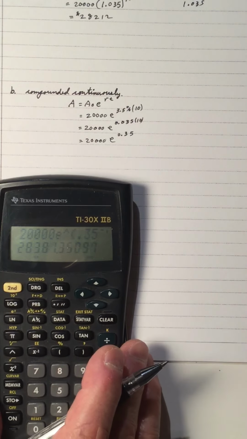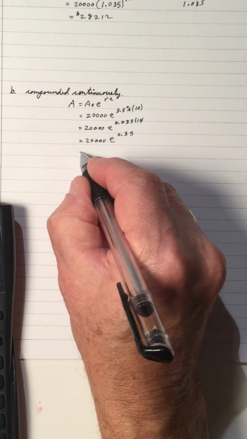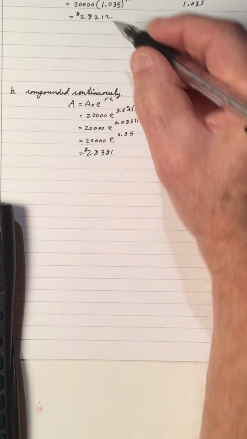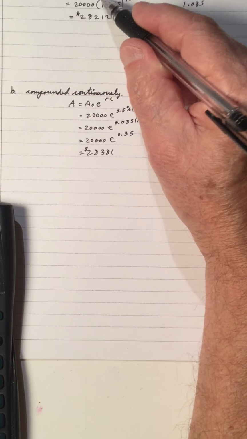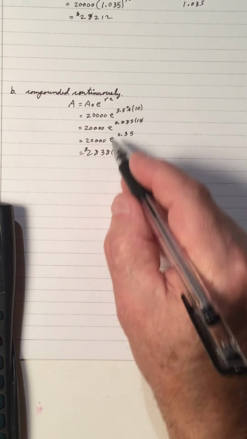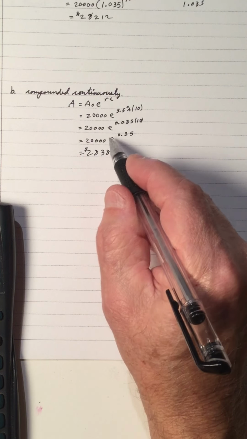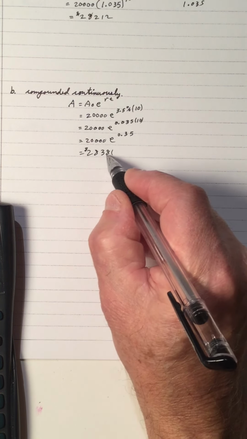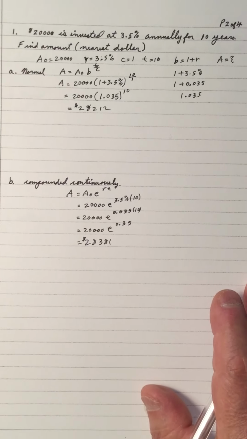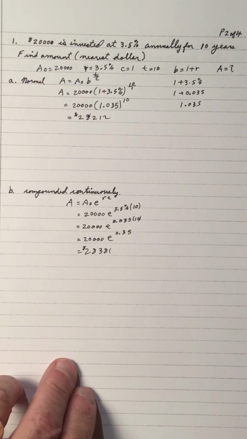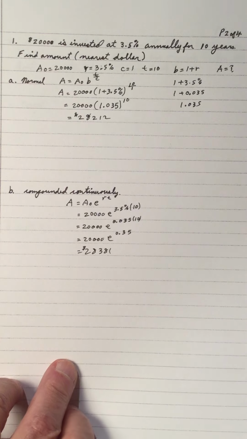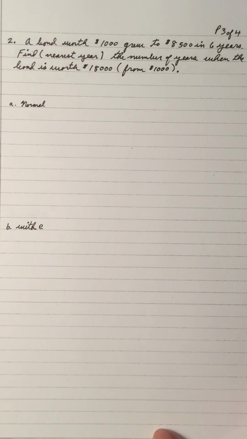So when we did it the normal way, we had 28,212. Just because this is continuous, you're going to get more interest, so we get 28,381. Okay, move the page back down. And that's one problem, comparing the logs in grade 12 to what we're going to do in pre-calculus.